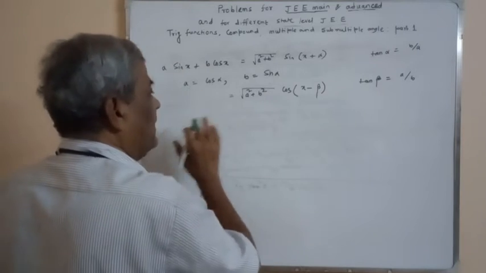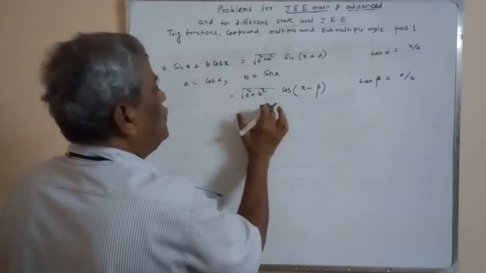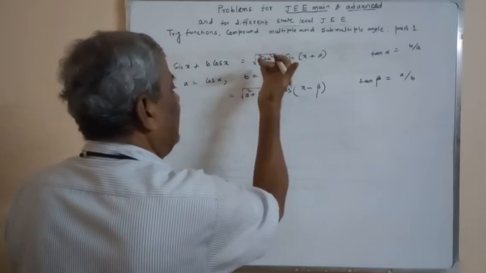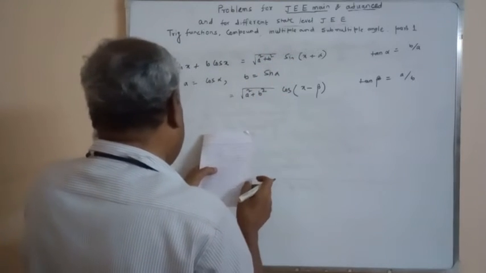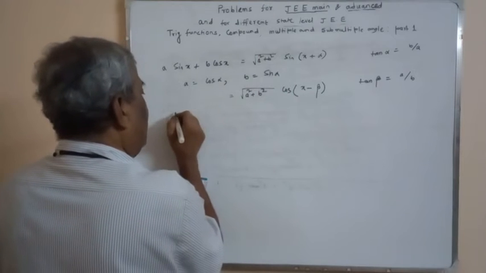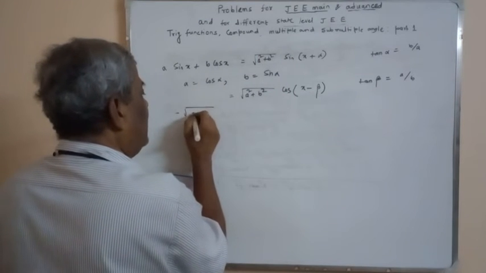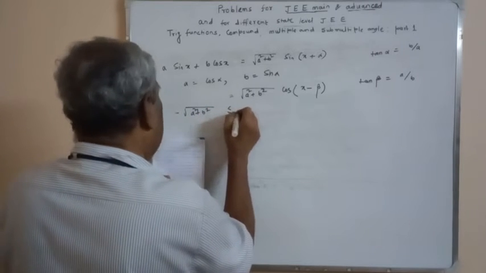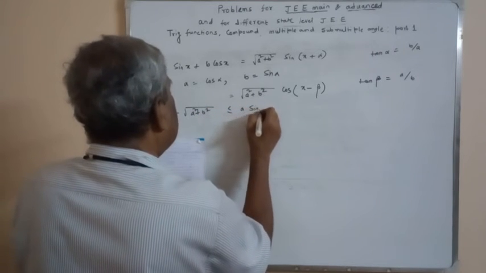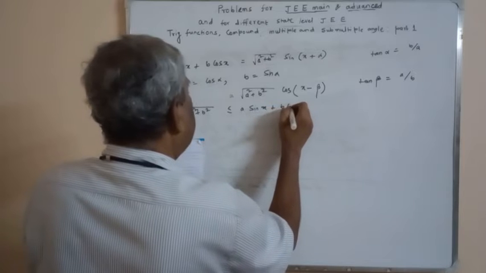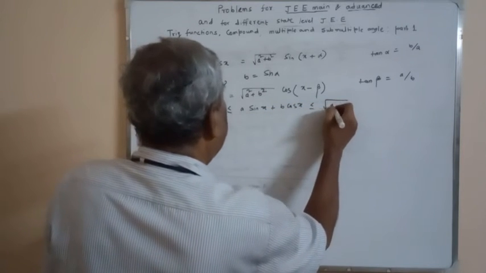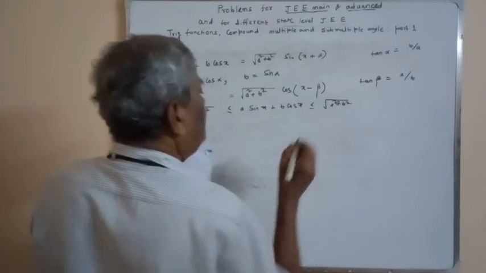Now from here and there, we can very easily say that minus root over a square plus b square is less than or equal to a sin x plus b cos x, which is less than or equal to root over a square plus b square.